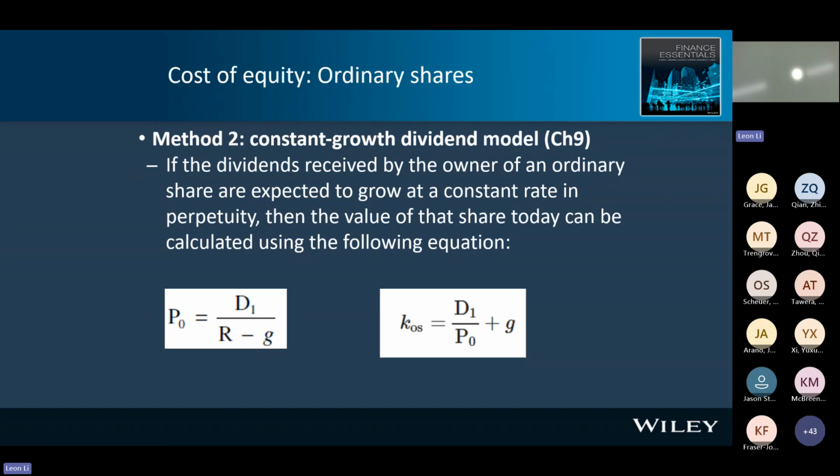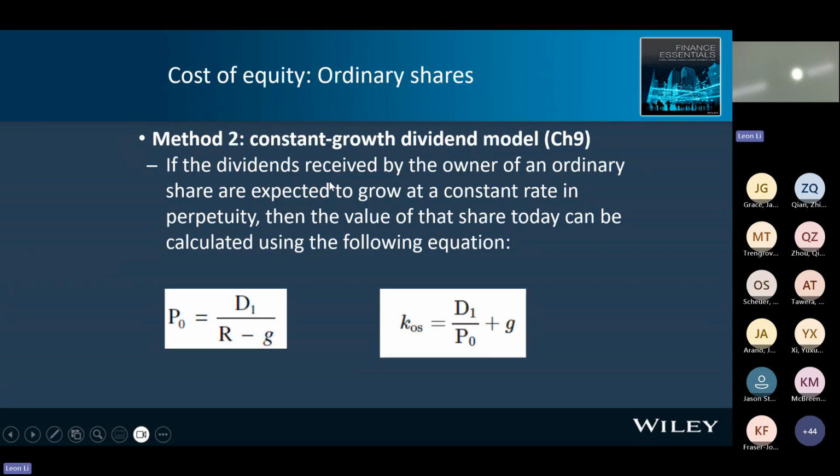Okay, so method 2. Method 1 is the CAPM model. Method 2 is our constant growth dividend model, or dividend growth model, the DGM model. Please refer to our chapter 9. All right. So we review the DGM model here.